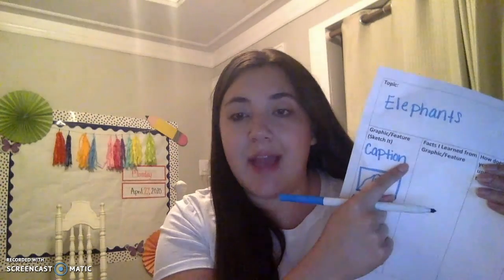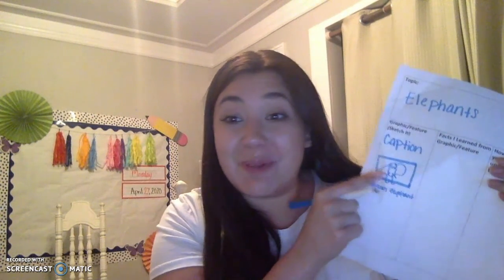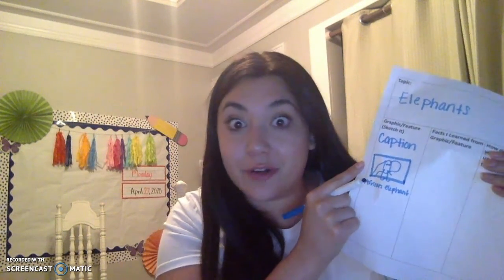So here it is. I wrote my text feature, I wrote caption, I drew a picture. This is supposed to be an elephant, like Miss Nava says, she's not an artist. And then I put what the caption was underneath it, African elephant. So facts I learned from this feature.